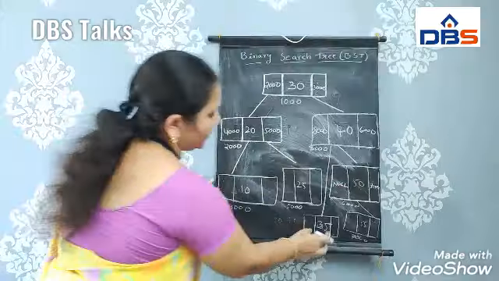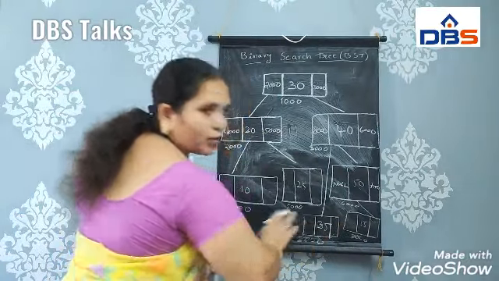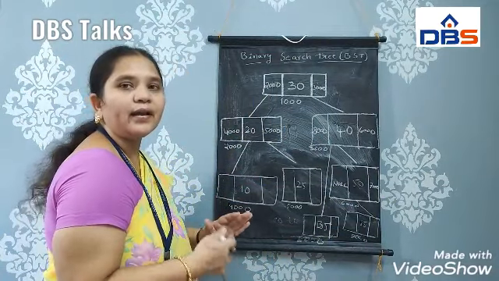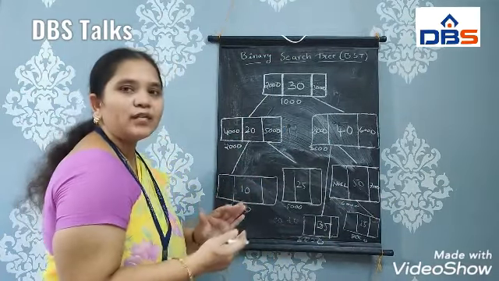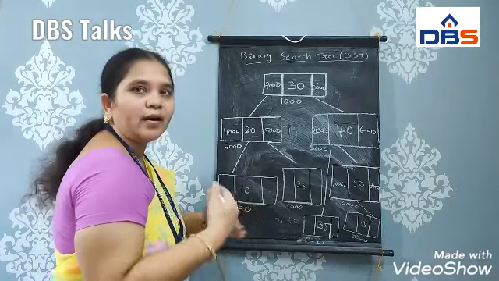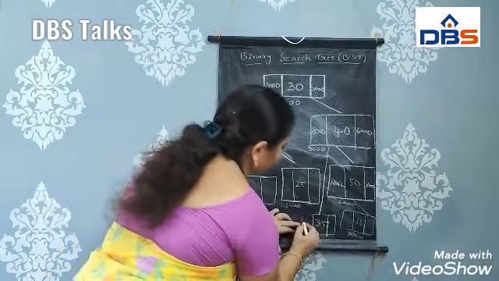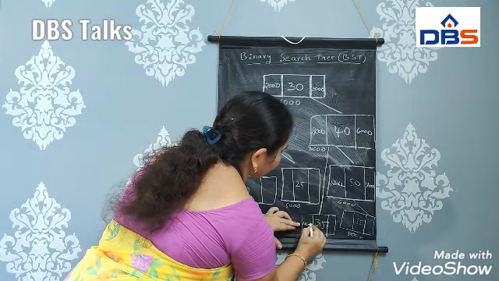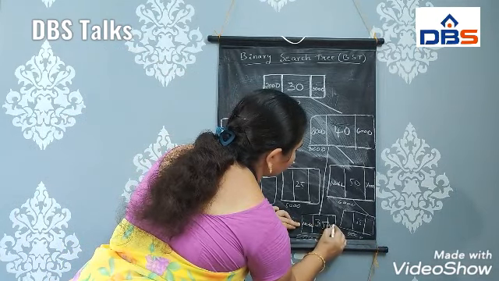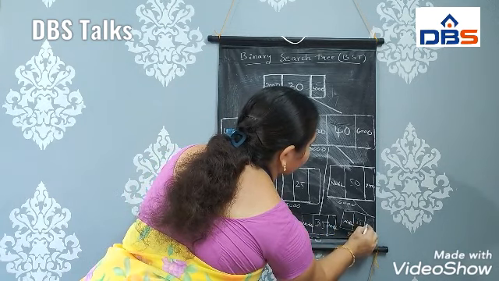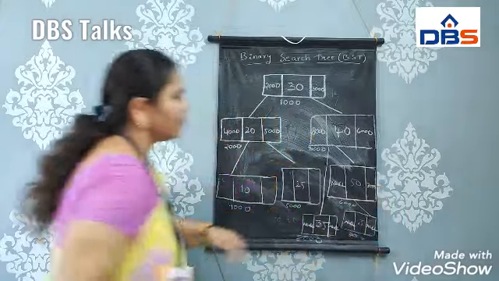So what about these two nodes? These two nodes do not have any further children. That's why the left field and right field of both nodes will store the null value.